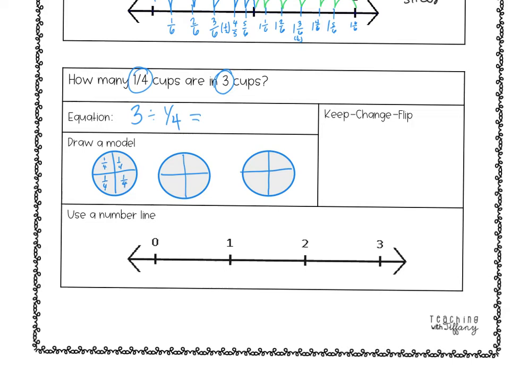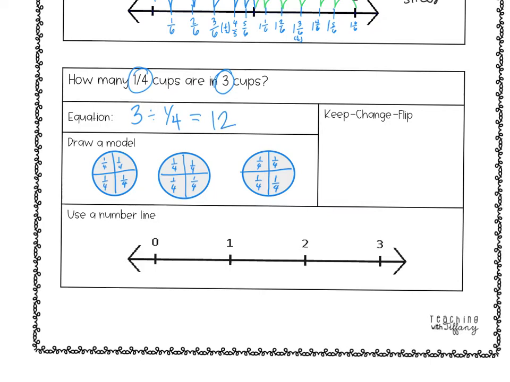And so I have 4 1/4 cups in each cup. If I have 3 cups, how many total 1/4 of a cup are in there? There is 12. Good job, boys and girls.